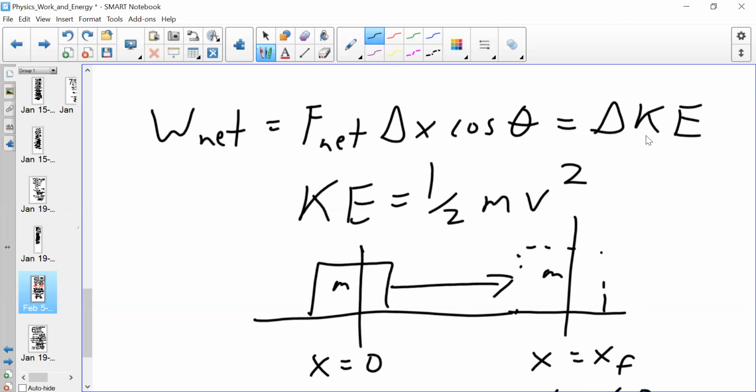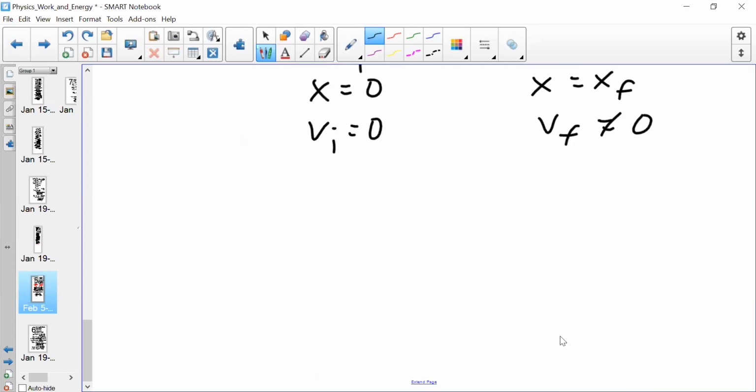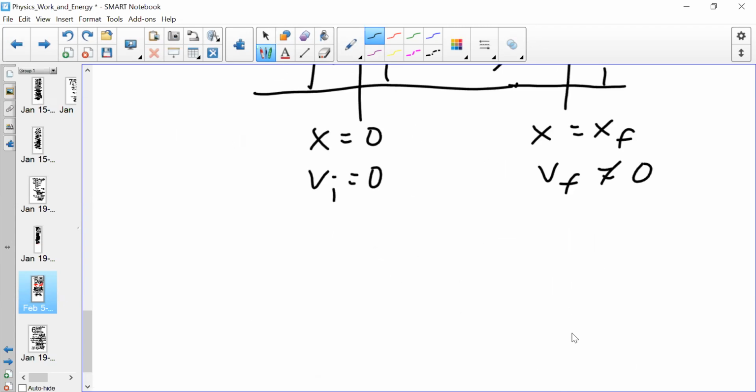So that is an extension on the work equation. And so when we look at just the change in the speeds, we are looking at this one theorem that we denote as the work-kinetic energy theorem.